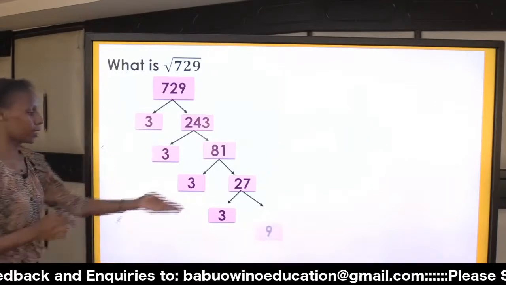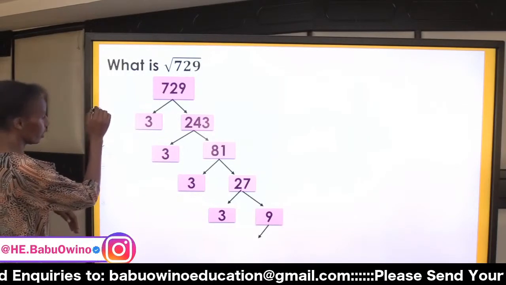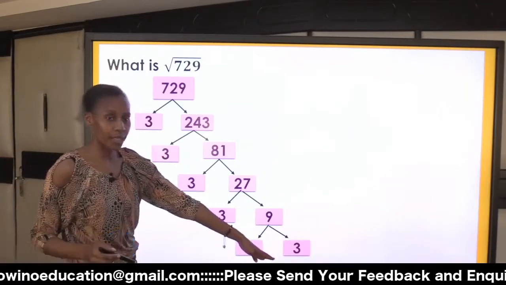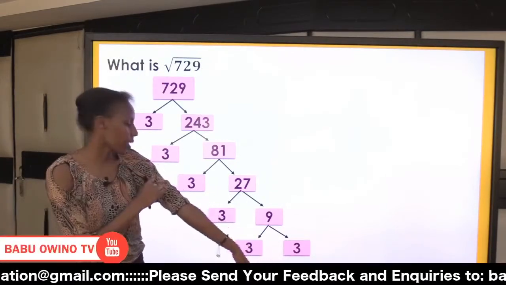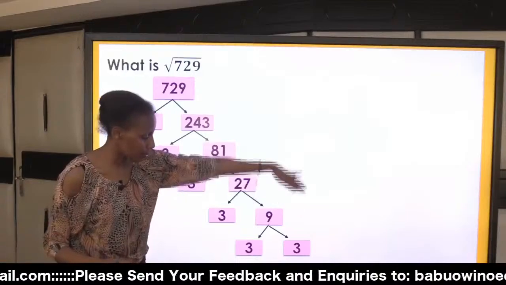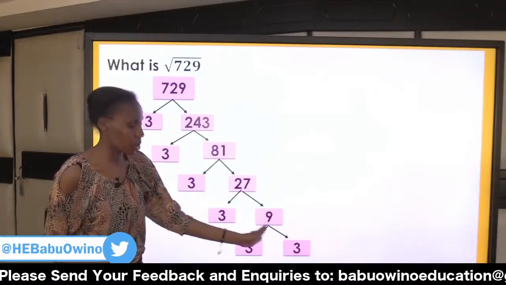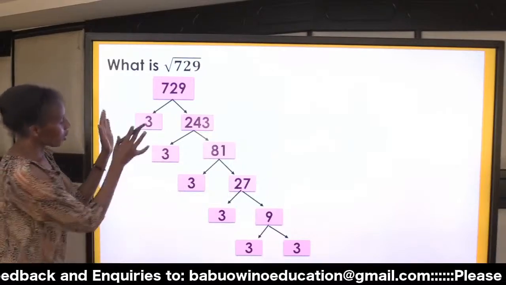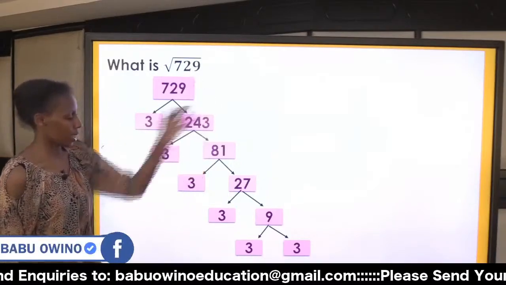You get 9. And the 9, when you divide by 3, you get 3. As you can see, we cannot divide further because we've reached the least prime factor that we could in that kind of a number. The next thing is to put all these prime numbers together.